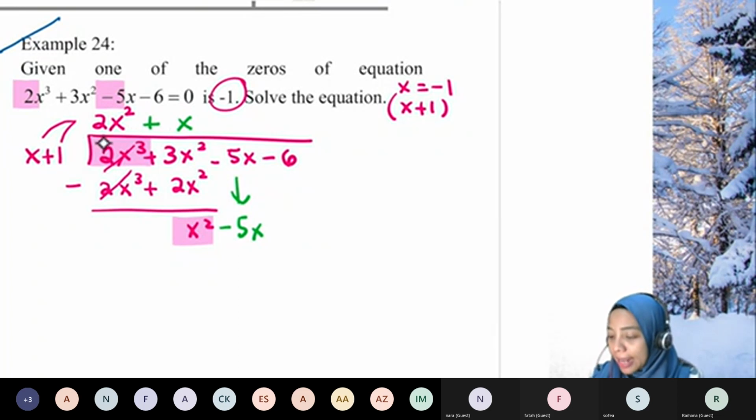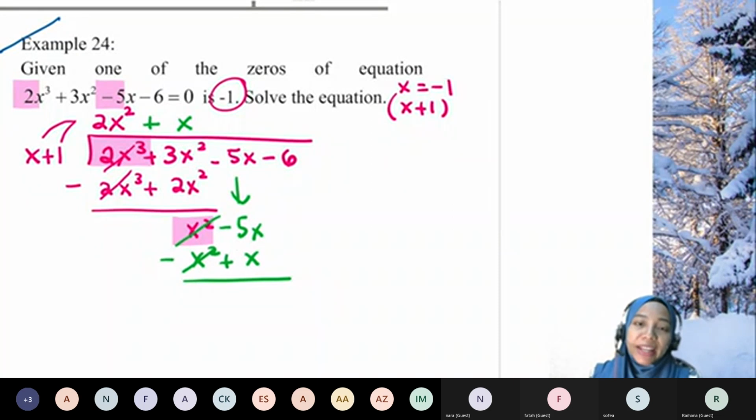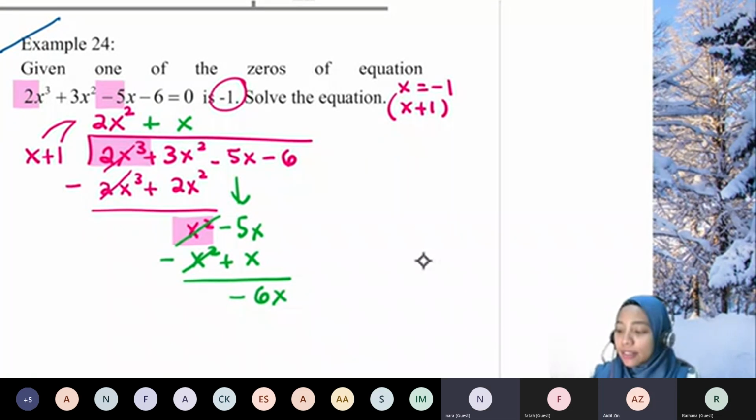So we get x square plus x, x dengan 1 dapat x. Again minus. Ini sentiasa minus dekat sini. Ini dengan ini cancel. Negative 5 minus 1, so you get negative 6x.